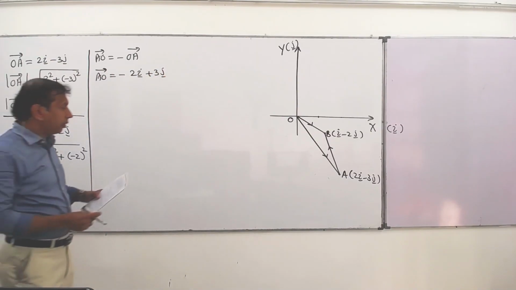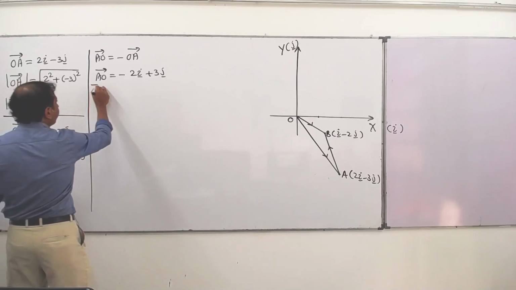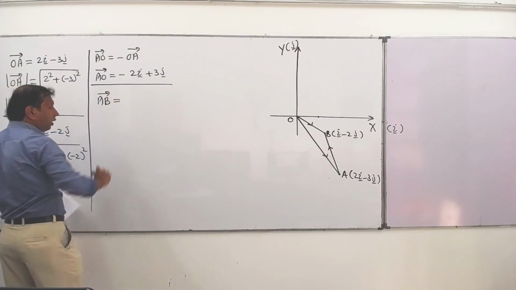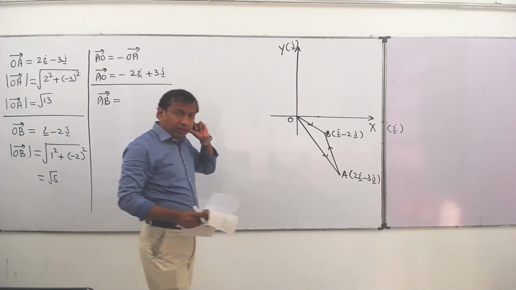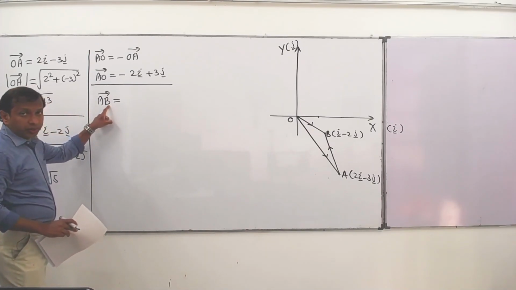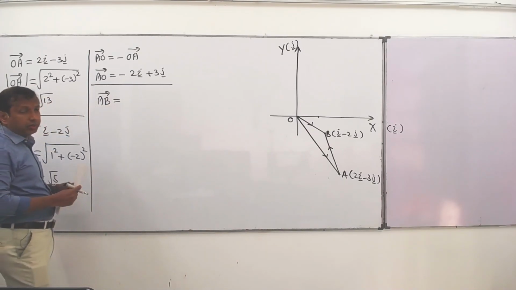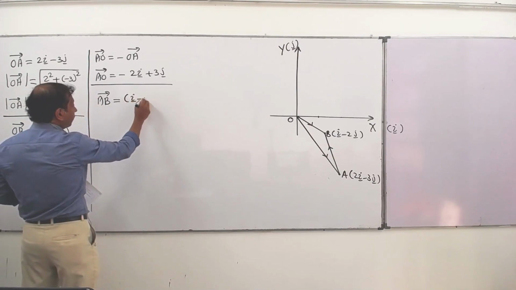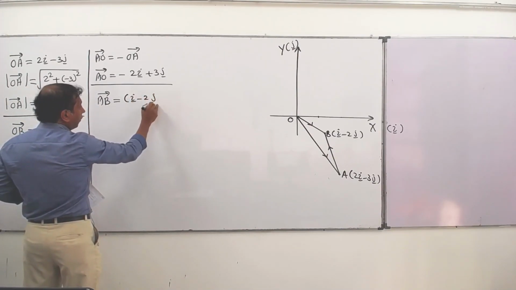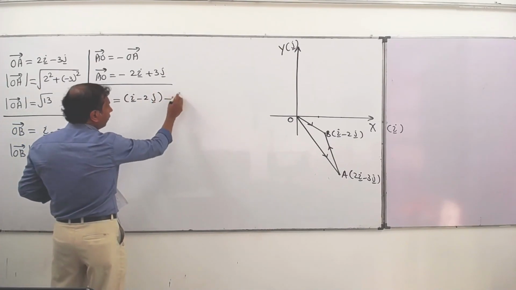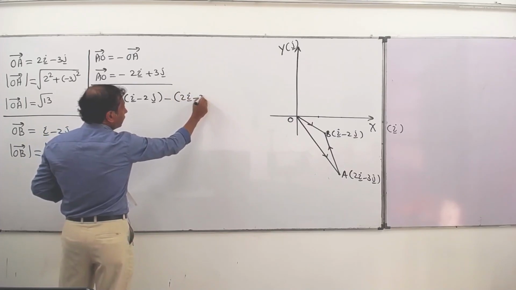Secondly, we need the AB vector. How to write the AB vector? AB vector means the second letter position vector minus the first letter position vector. The second letter is B, its position vector is i minus 2j. The first letter is A, 2i minus 3j.